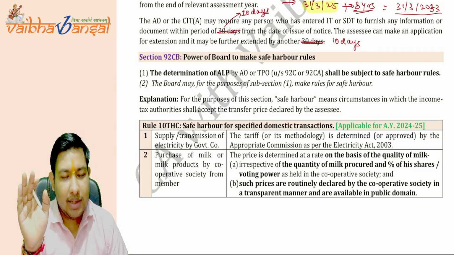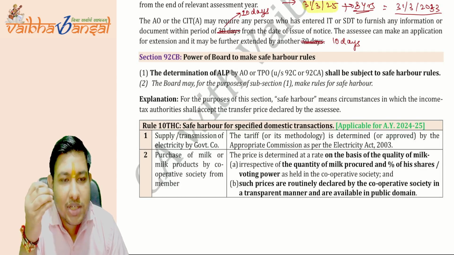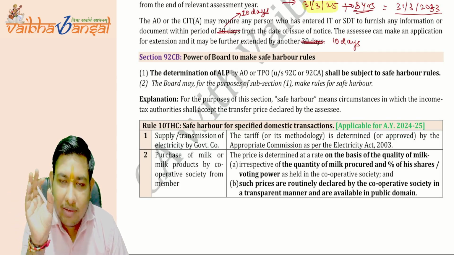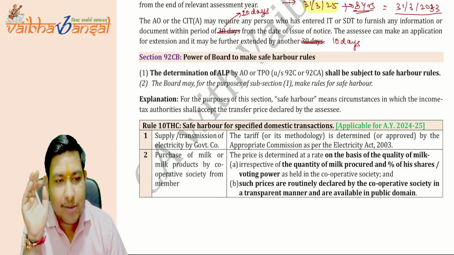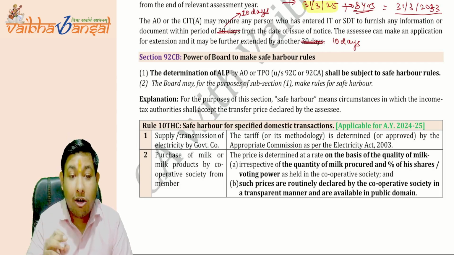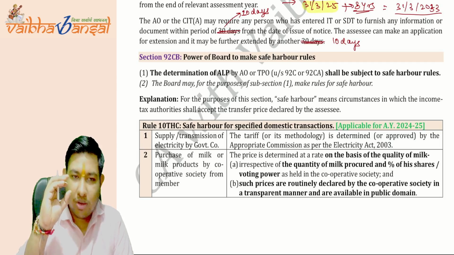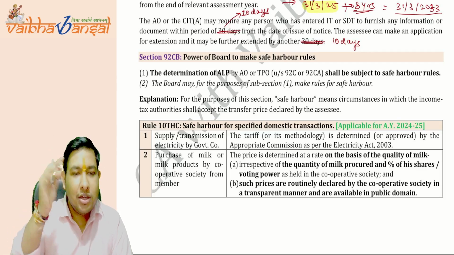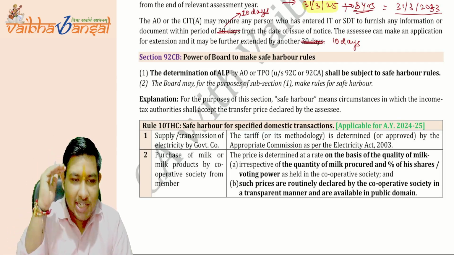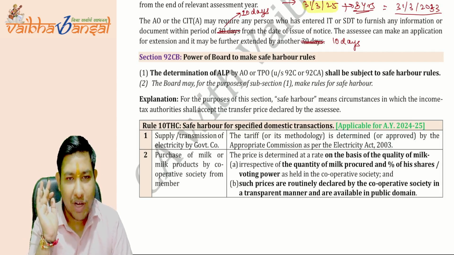The same case is here: you have to compute the arm's length price based on certain criteria, where the government is saying to show that minimum price. Above that, you can take any price. But this is the minimum price that you have to show in your books of accounts. Is this point clear?